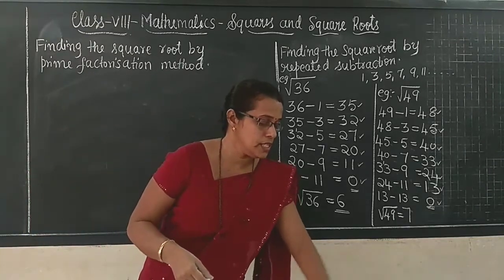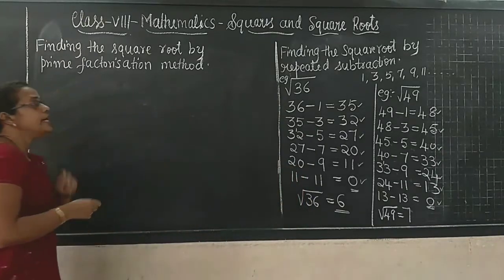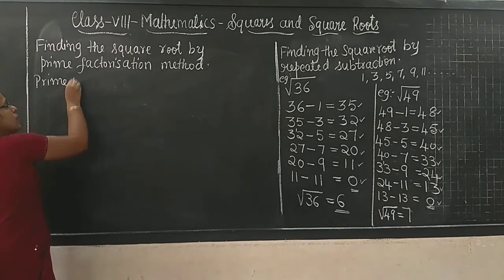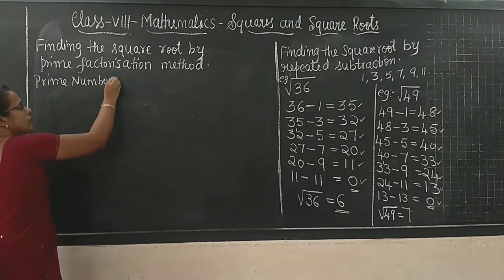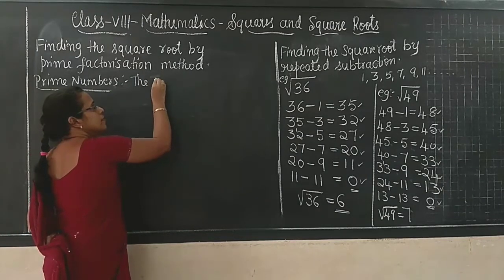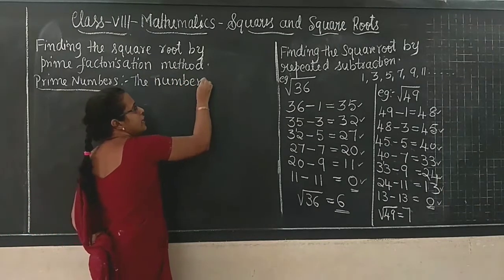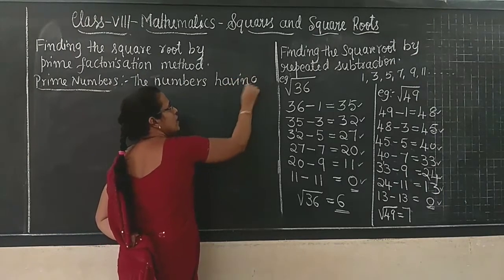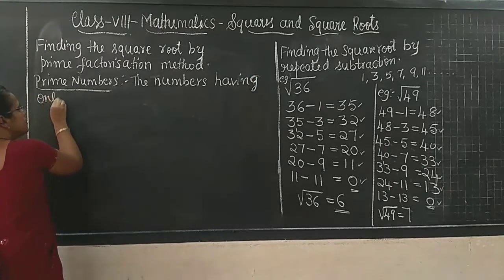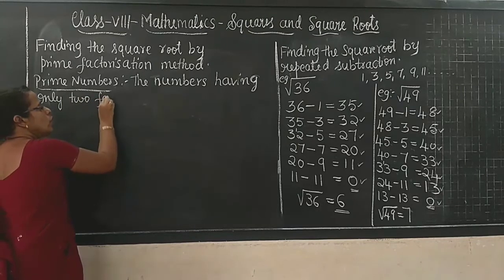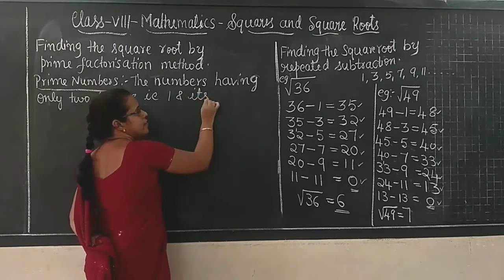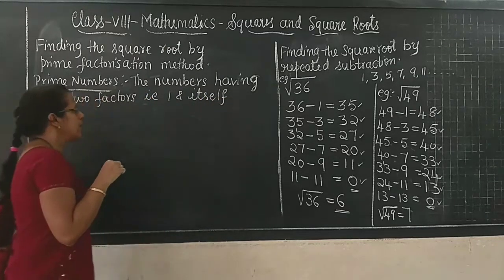Numbers having only two factors. First we write what prime numbers are. The number having only two factors, that is 1 and itself, is called a prime number.